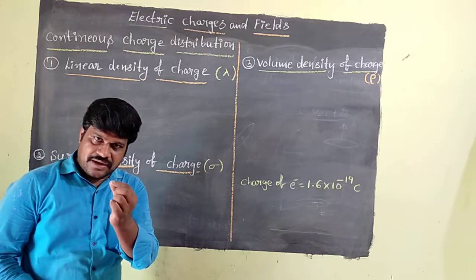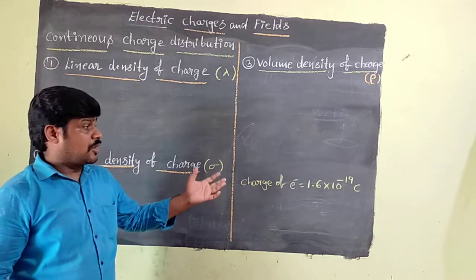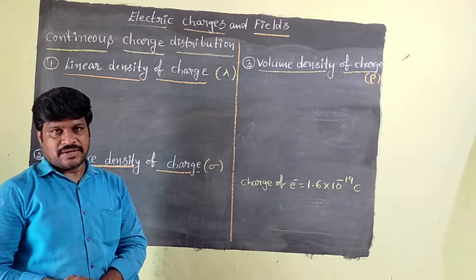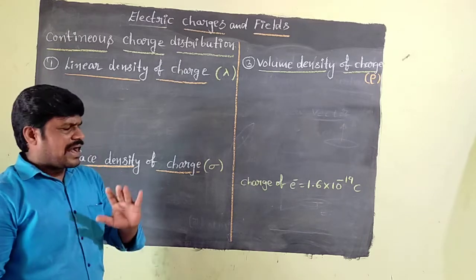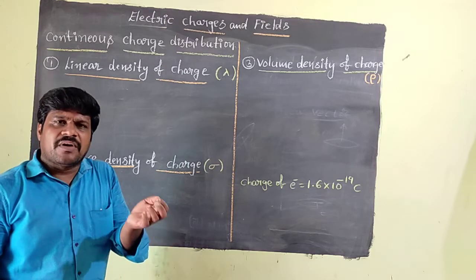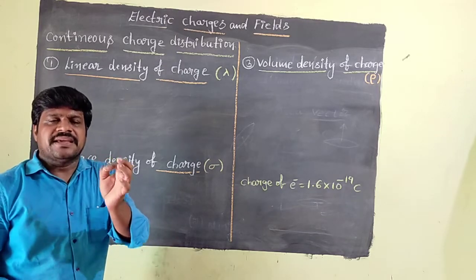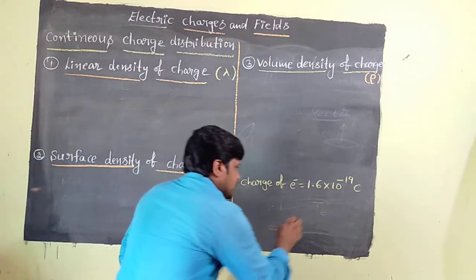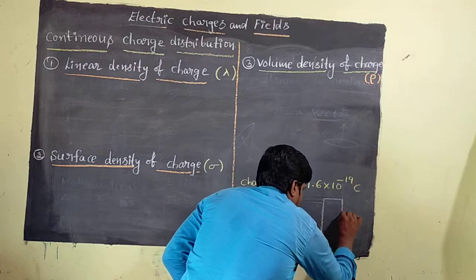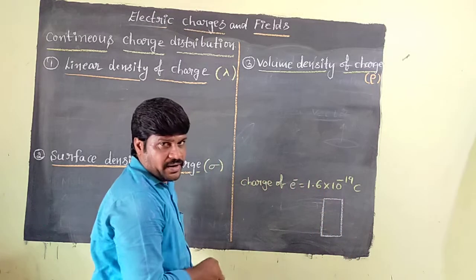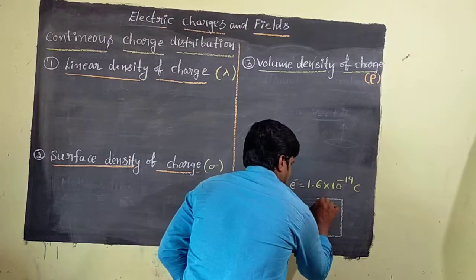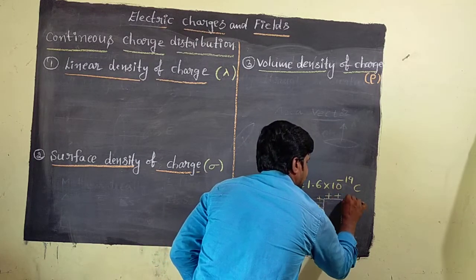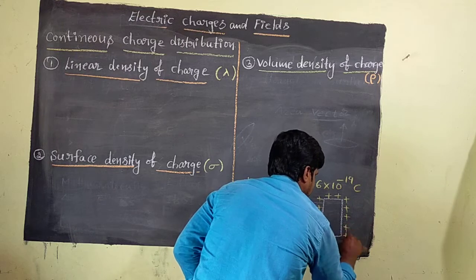Charge of an electron is very small, but the charge on a body in practice is a very large quantity. Because of that, the addition or removal of charge from a body can be ignored. For example, here is one charged body. Whether it is positive charge or negative charge, whatever it may be, charge is there.